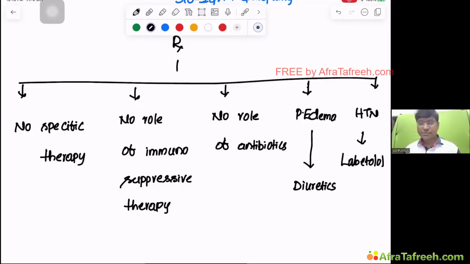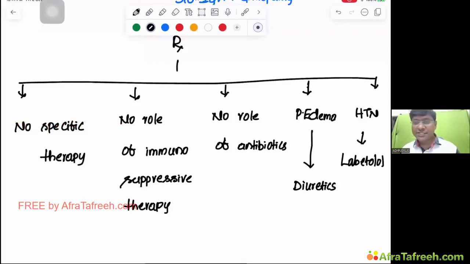Marfan's and Ehlers-Danlos syndrome. What are the valvular abnormalities associated with aortic dissection? Yes, very good, Jacob. That is aortic regurgitation.